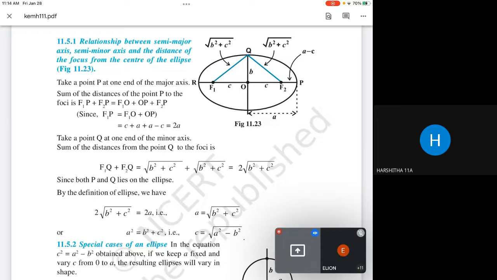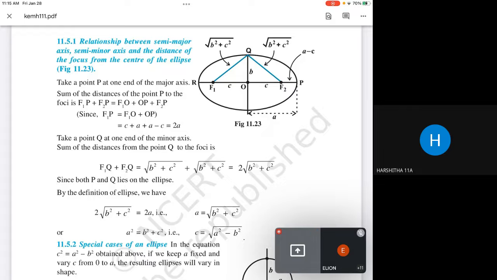F1P plus F2P will equal F1O plus OP plus F2P, because F1P can be written as F1O plus OP. That is nothing but the total distance, 2A. So the sum of the distances of this point from the two fixed points is taken as 2A.